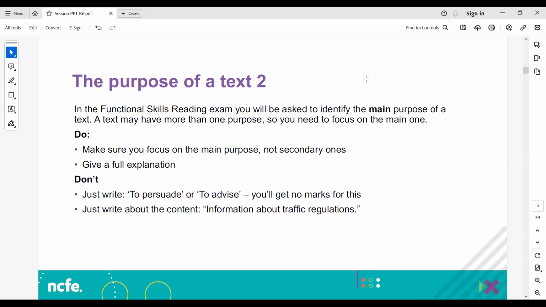And do make sure that you give a full explanation. So what you shouldn't do is just write to persuade, to advise, because you won't get any marks. You need to write about the content. So to persuade the reader that, and then give specific information from the text that you have read.